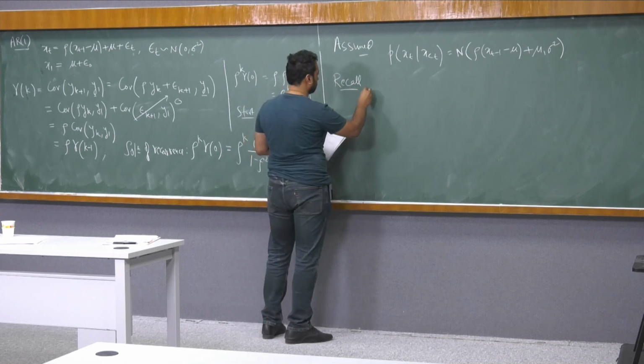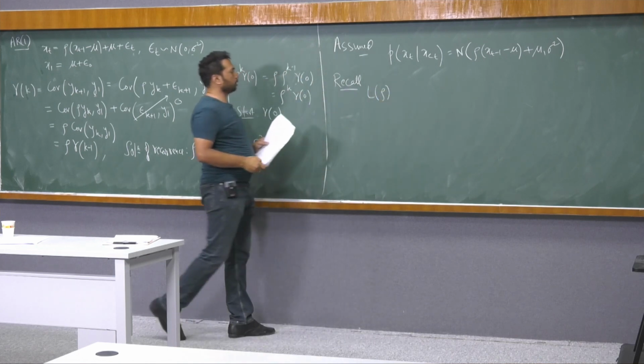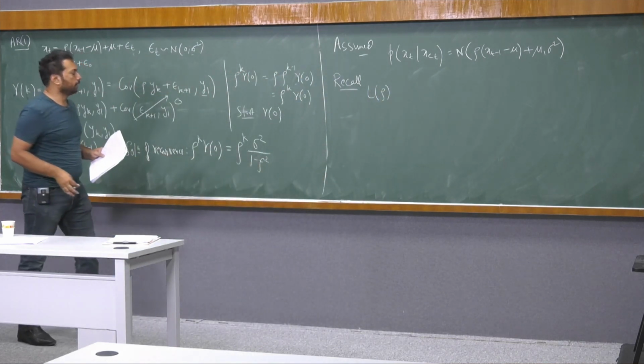And then this will be L of rho, where we pose this as a problem with the regression parameter rho as a variable.